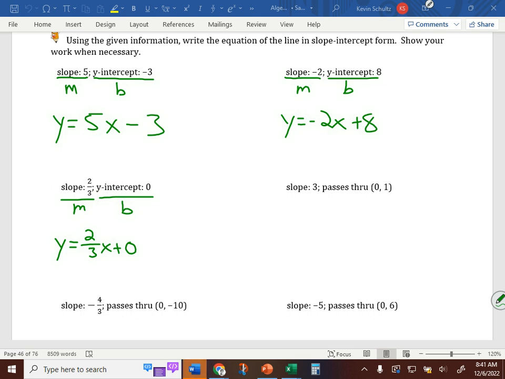Next one, things get a little bit different. I say slope 3 passes through 0, 1. Ooh. Katie. So the slope is still given to you, right? But tell me about that passes through 0, 1. It sounds like you took that 0, 1 and you used it as the b, the y-intercept.